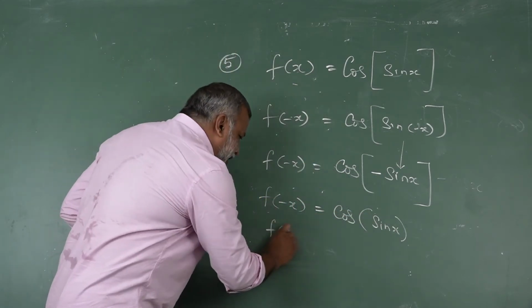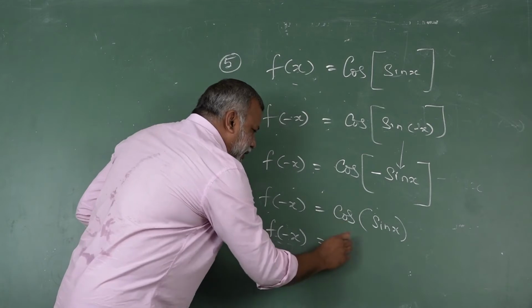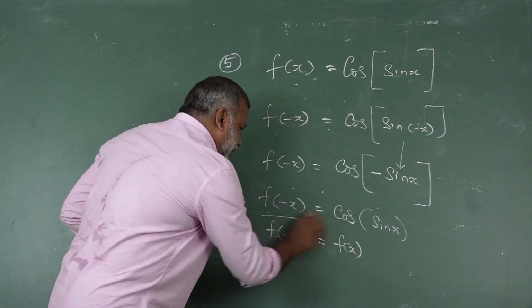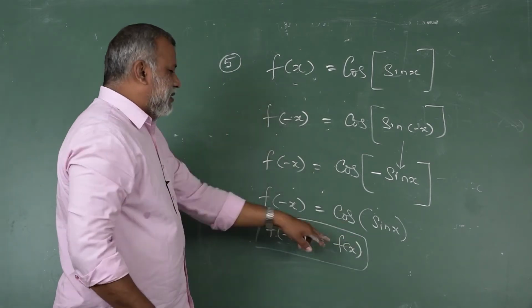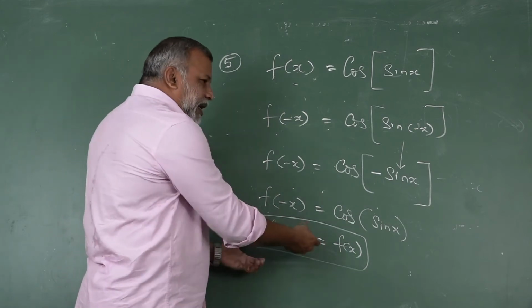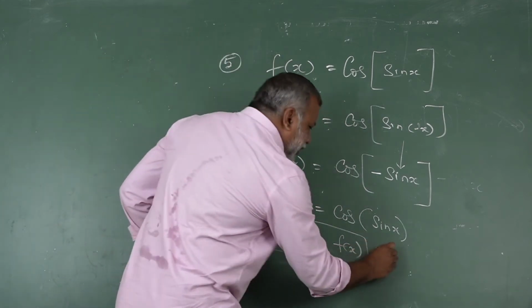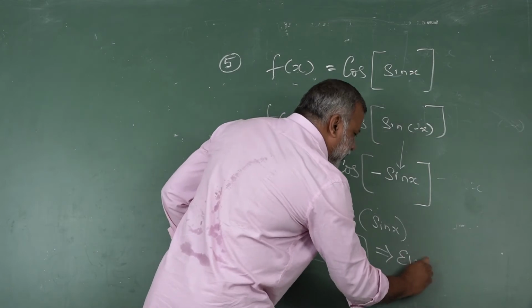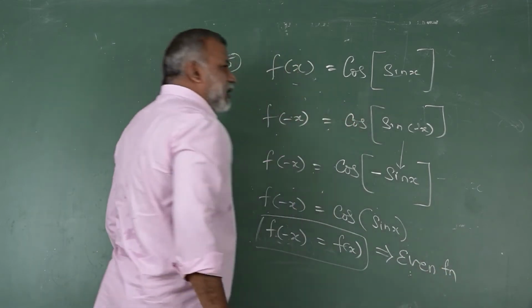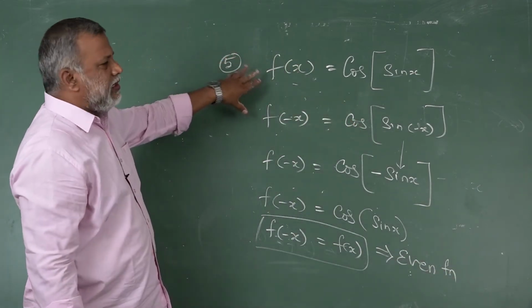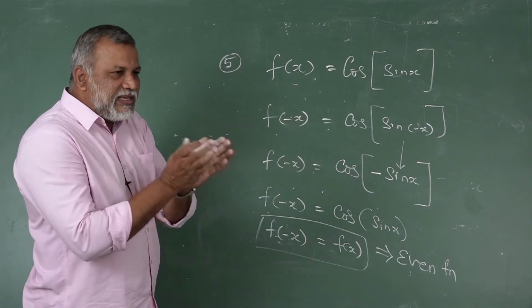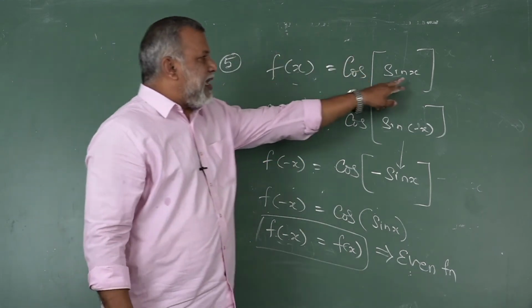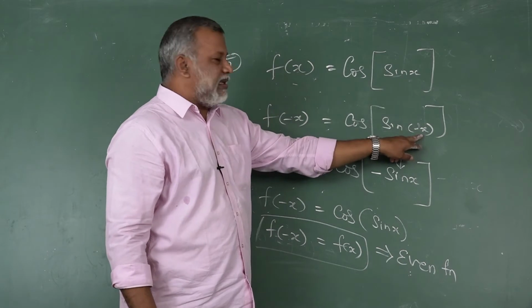Therefore we can say f of minus x equal to f of x. Once again, it absorbs the negative, so it is called an even function. Listen carefully. See the observation: where x is placed, x is replaced by minus x.